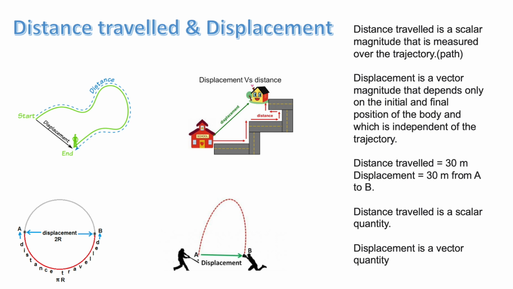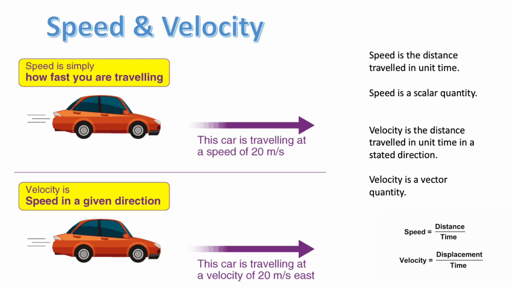But the displacement is 0 because the distance between the starting point and ending point is 0. So this is an example for a motion with a distance traveled but 0 displacement.